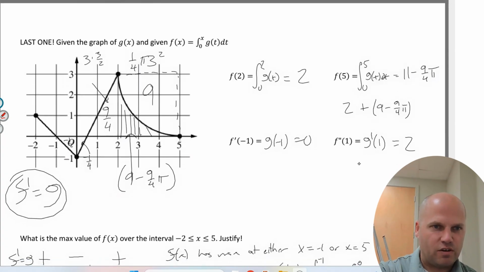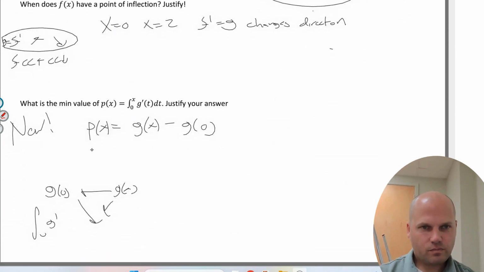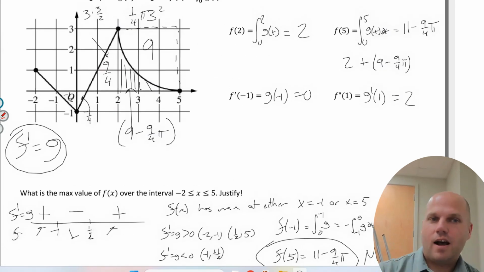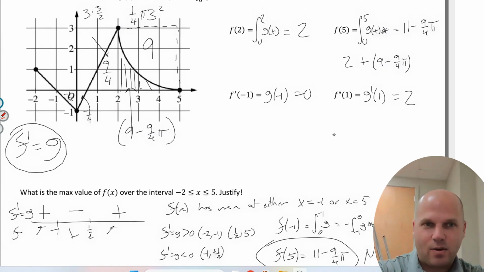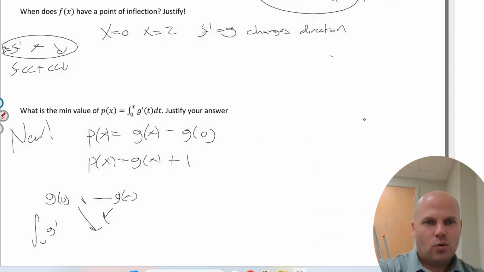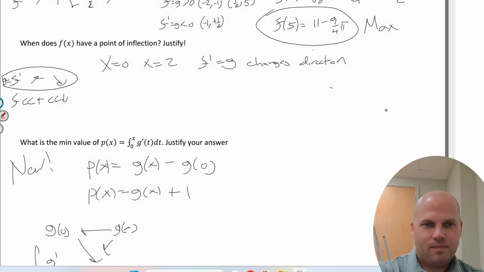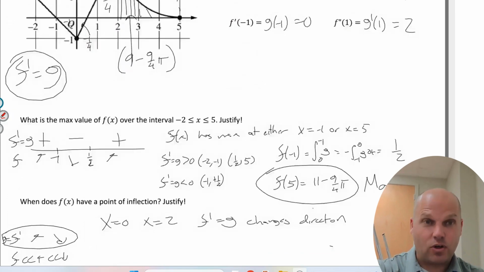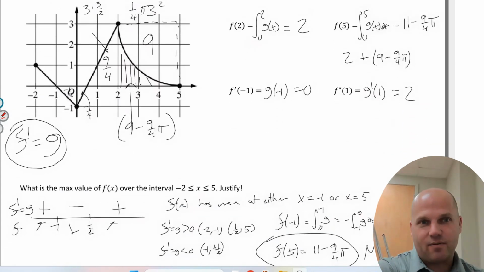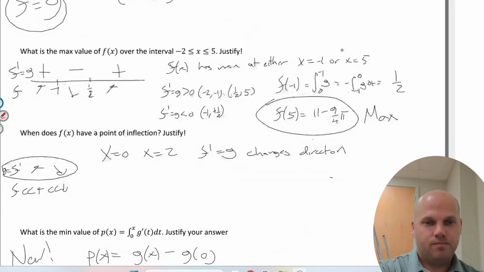Well, G of 0 is -1. If I subtract -1, I will be adding 1 to everything, which means I can look at P, look at its min, which is at -1. I'll add 1, I'll get the min of 0.